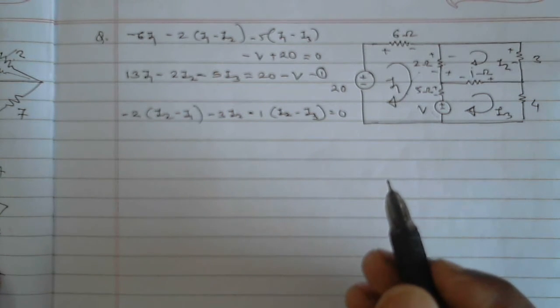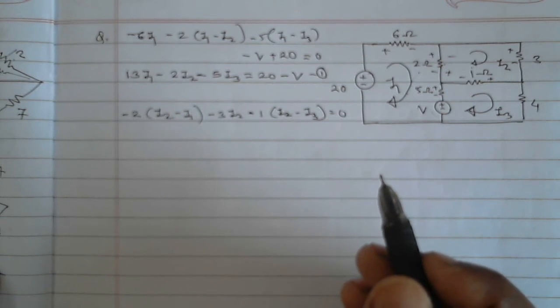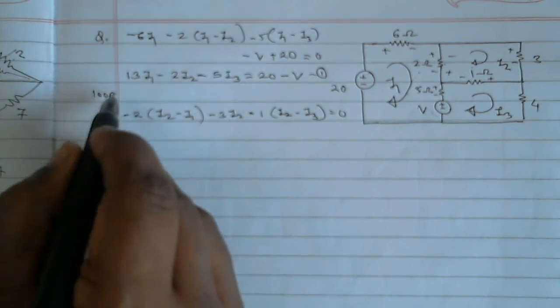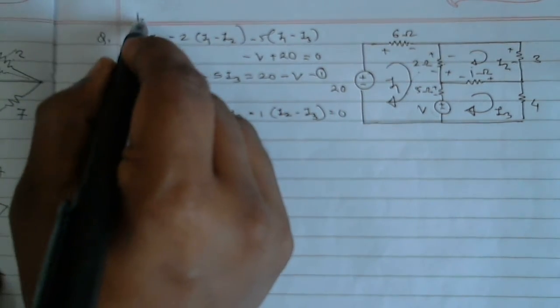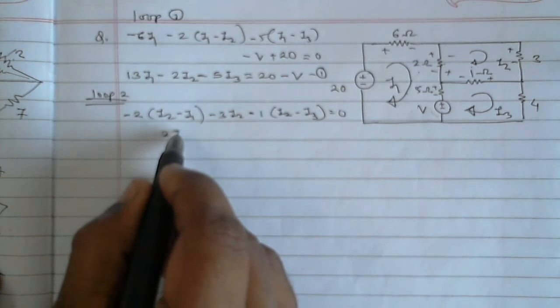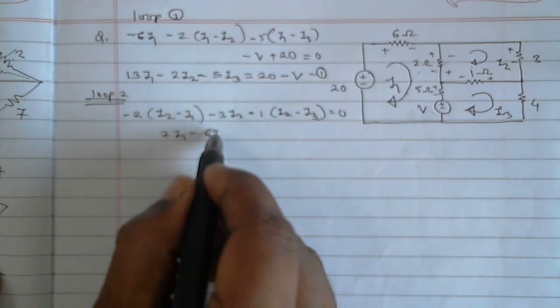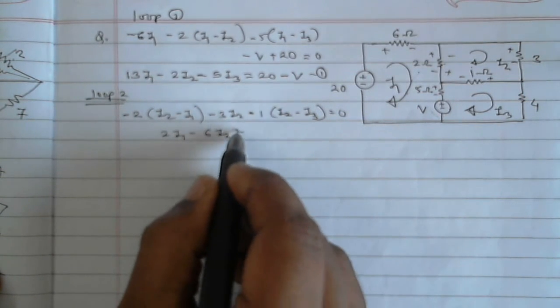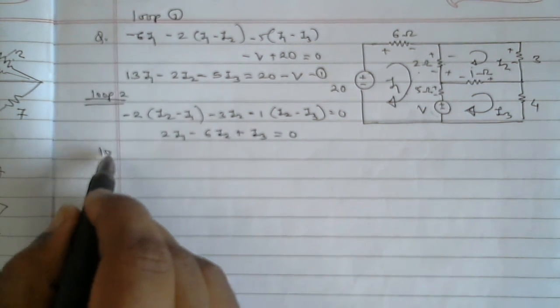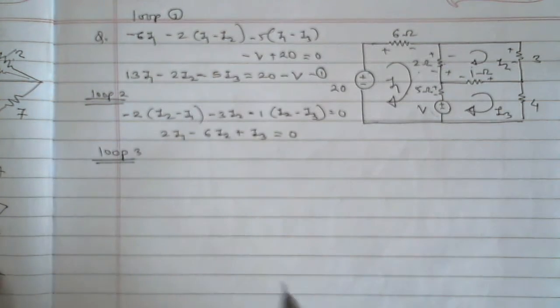Right? Now if you solve it, this is loop 2, loop 1. When you solve it, you will get 2 I1 minus 6 I2 plus I3 equal to 0.